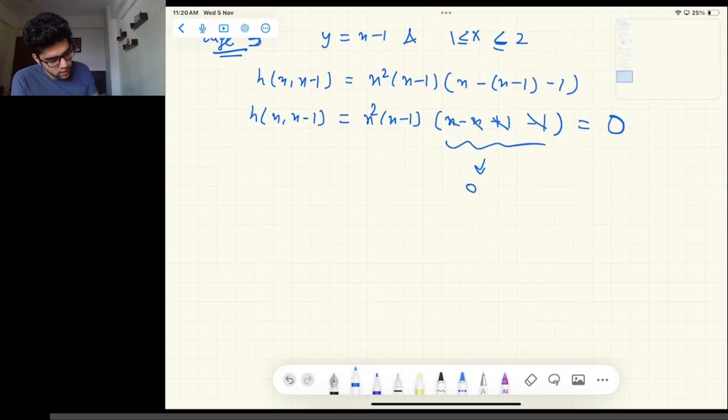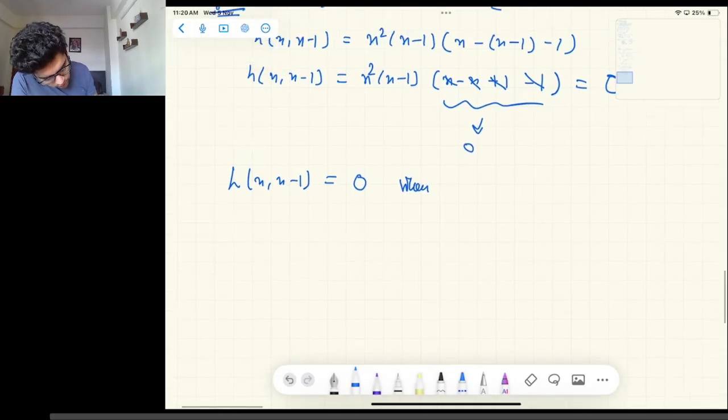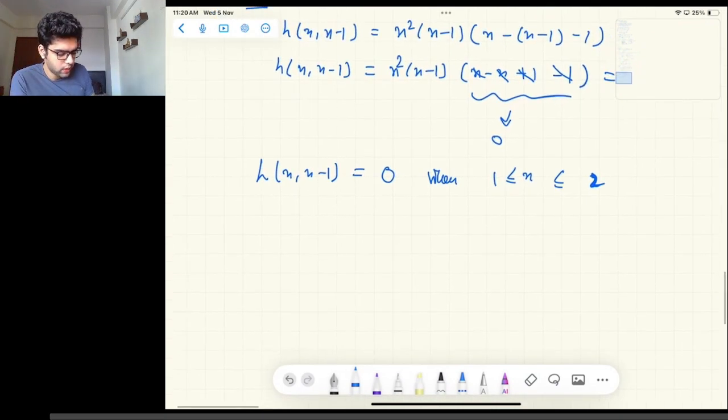So h(x, x minus 1) is equal to 0 when x is lying between 1 and 2, right?